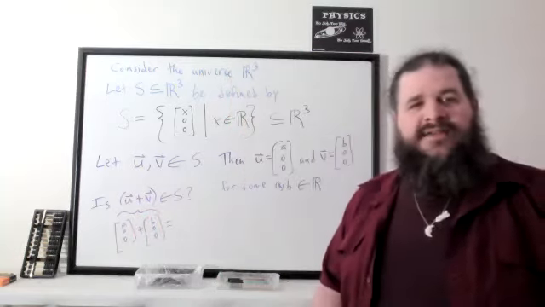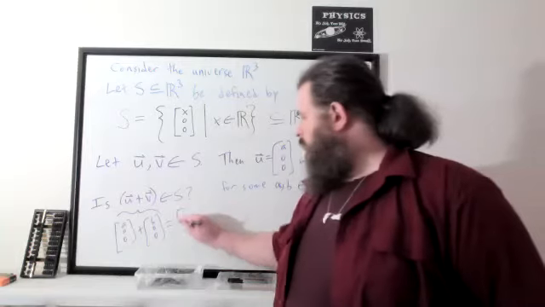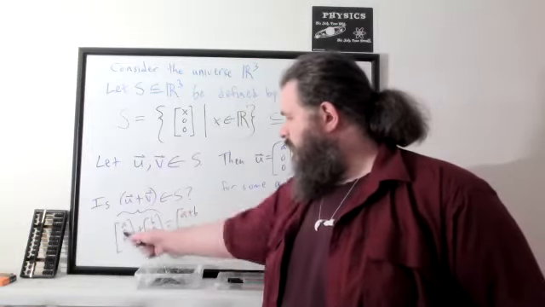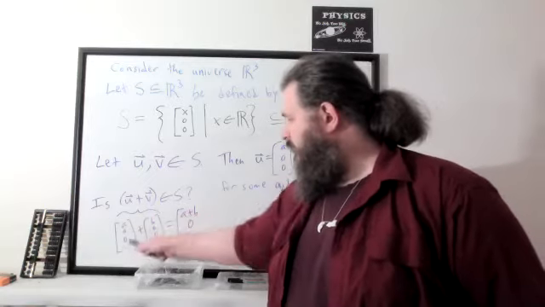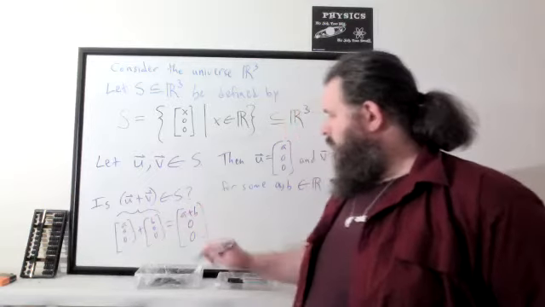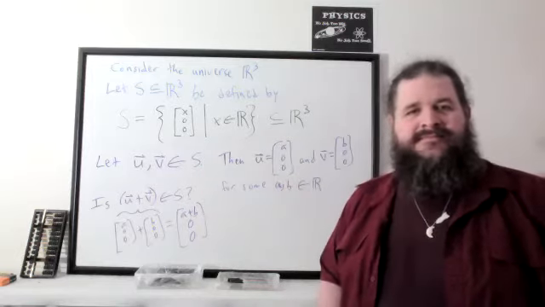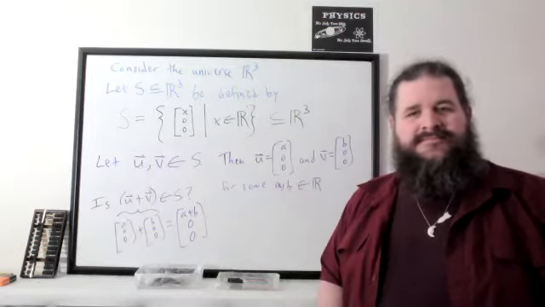And we can just add these one component at a time. Add the first components, A plus B. Second components, 0 plus 0. Third component, 0 plus 0. Does this look like a member of set S?